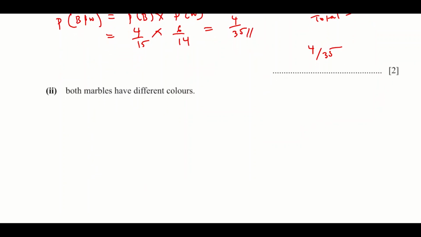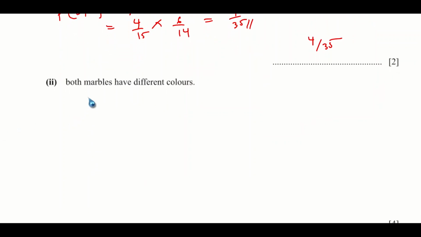Both marbles have different colors. So this will be the same as 1 minus the probability that they have the same color. This is easier, the same color. So let's find the probability of the same color.